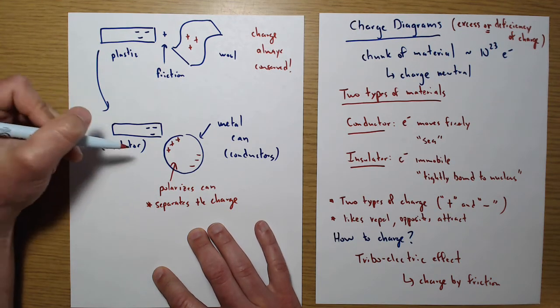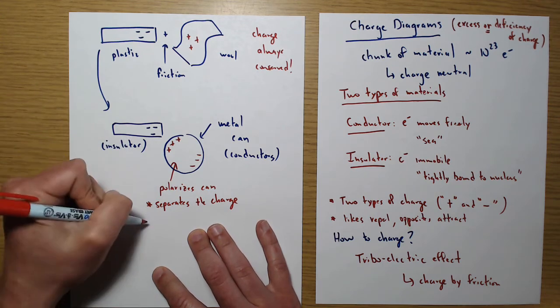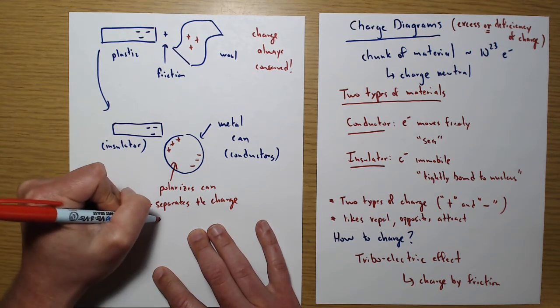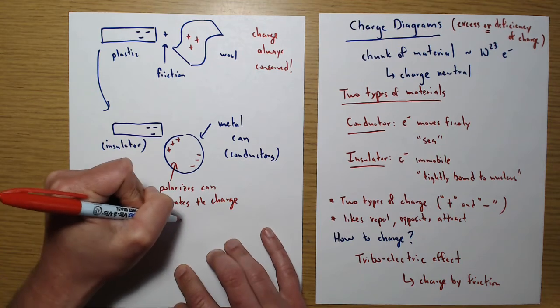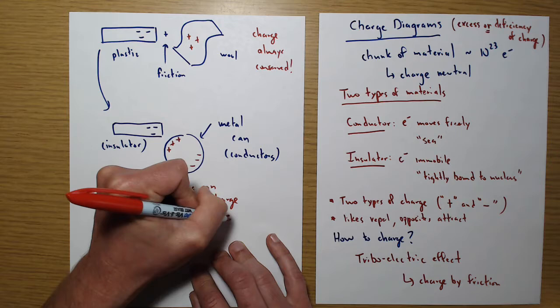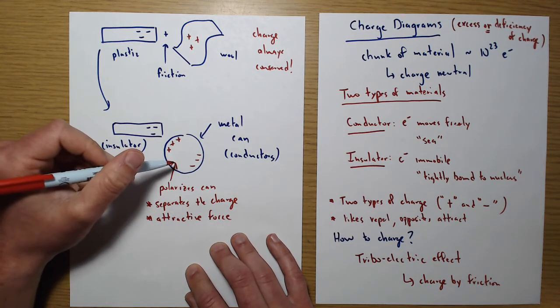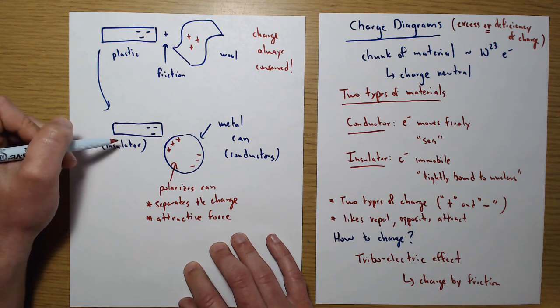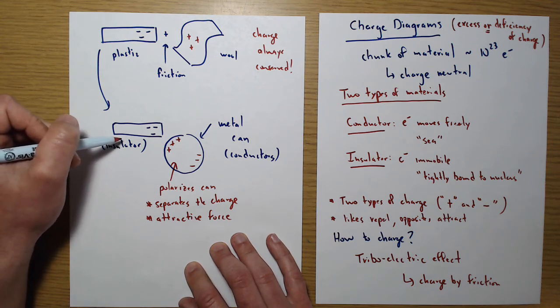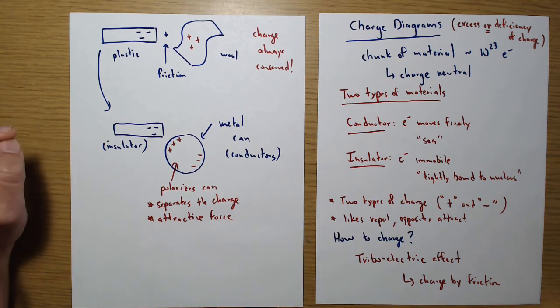It means it separates the charge. This can is still electrically neutral, but because it's polarized, there's now an attractive force. So the plastic rod actually pulls the metal can towards it, simply because of this polarization or the separation of charges between the insulator and the conductor. And I can actually measure that in particular force.